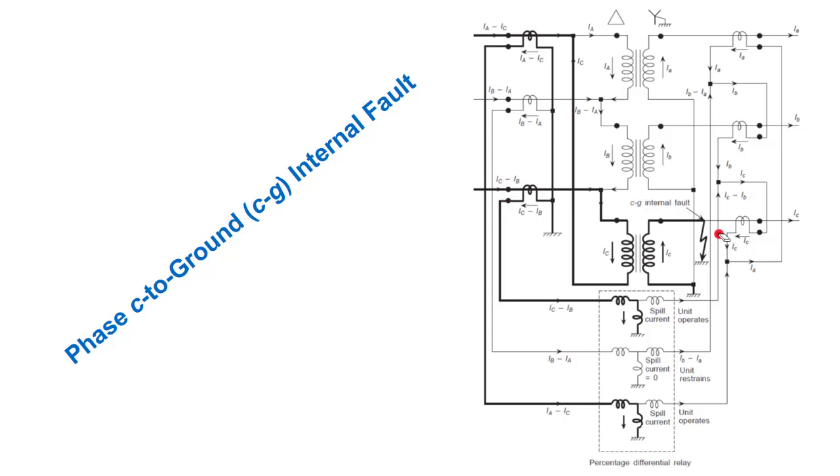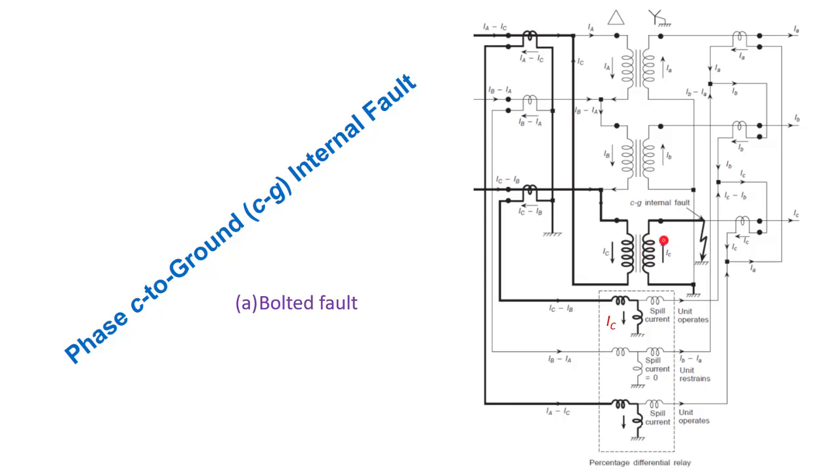We can see the fault here, and for the internal fault we considered two cases: one is the bolted fault case, the other is the arcing fault.